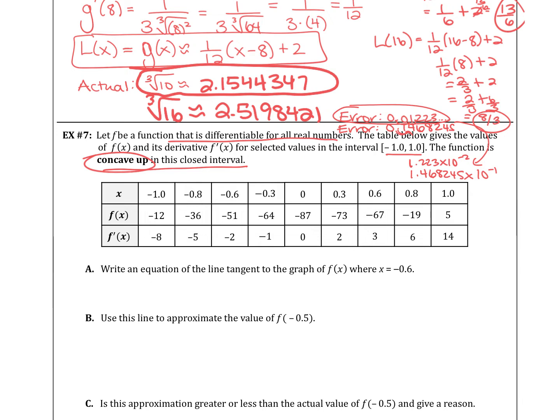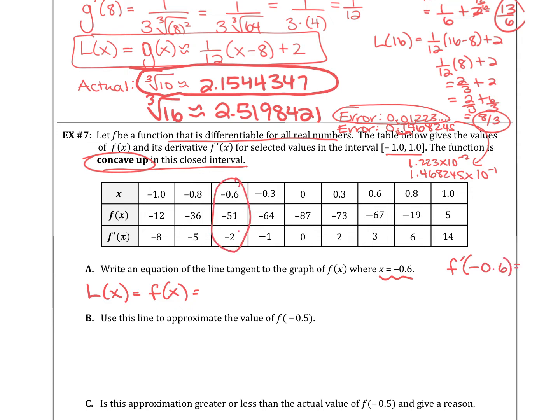So, it says write an equation of the line tangent to the graph of f of x where x is negative 0.6. So if we were going to find a linearization equation for f of x at x equals negative 0.6, first of all, we need to know what f prime of negative 0.6 is, because that's our slope.